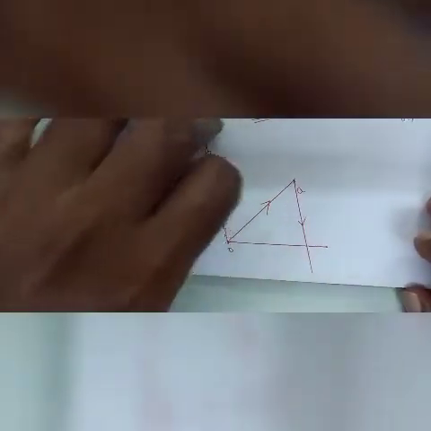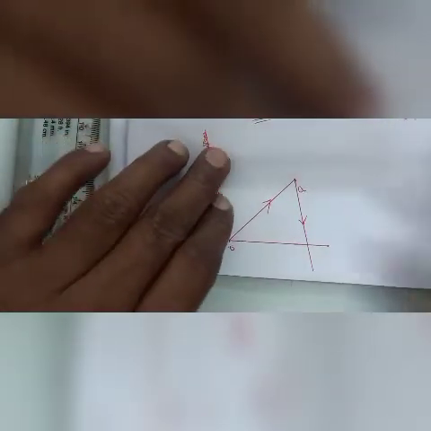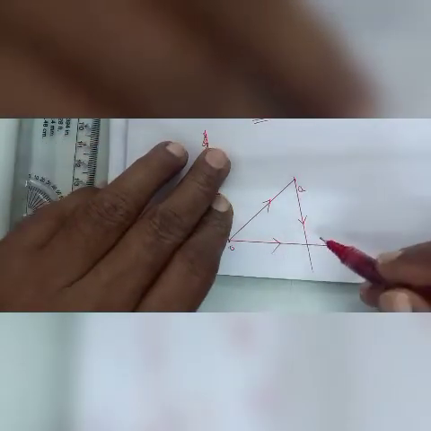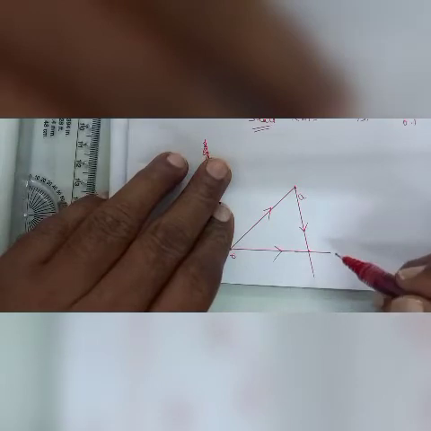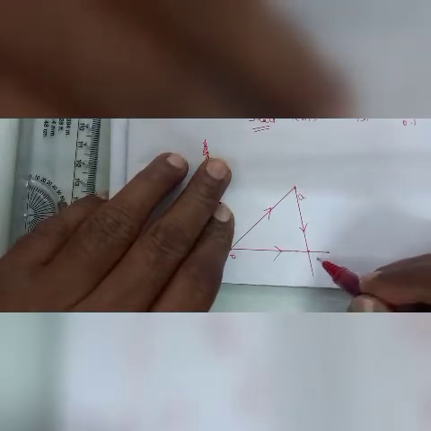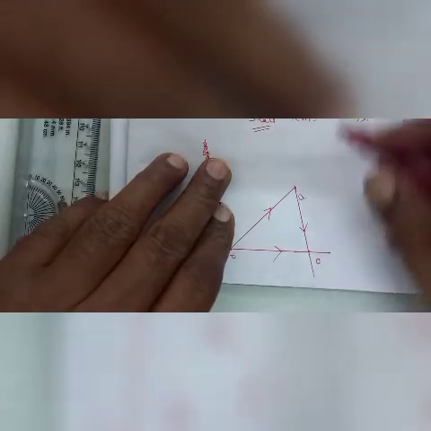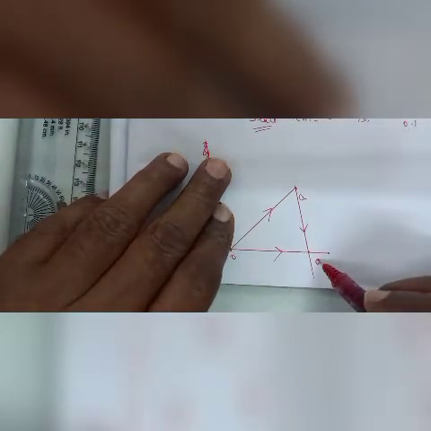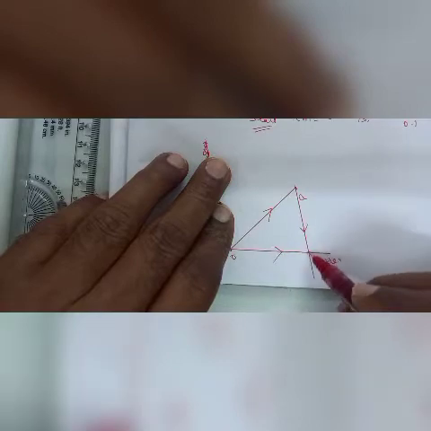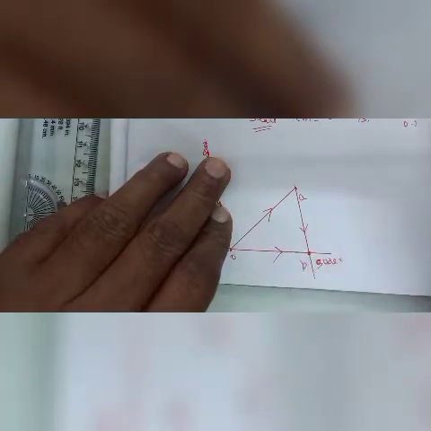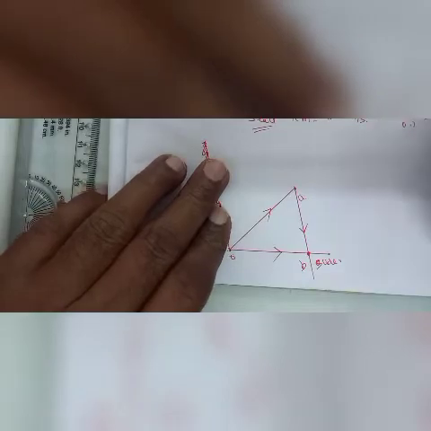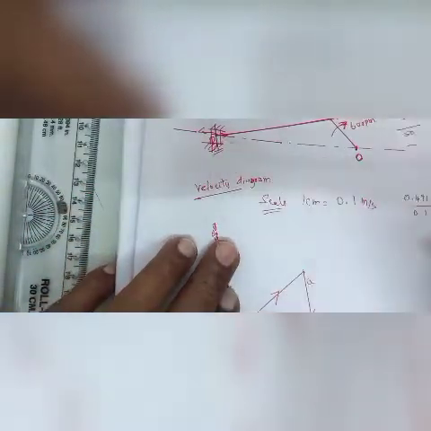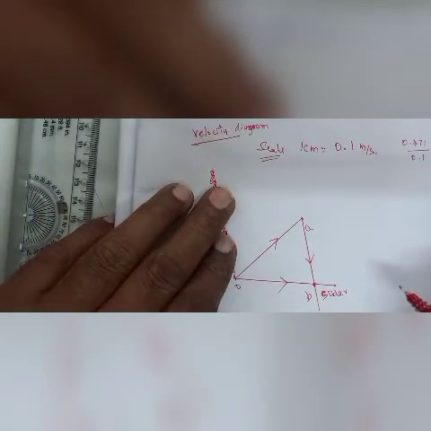So don't see this line. So this is our point, sorry, this is our point slider. I can locate the slider point as B, right?